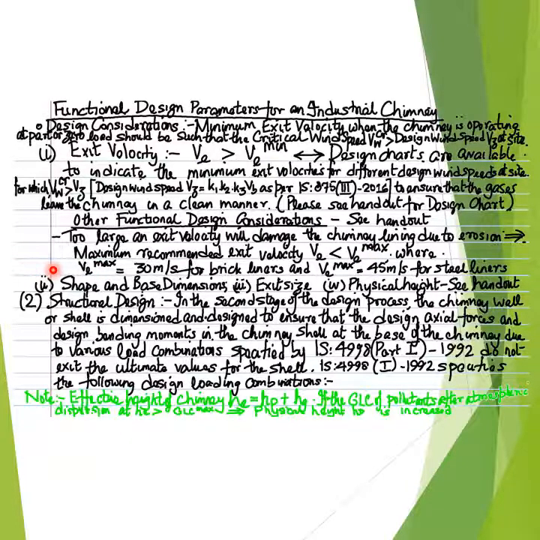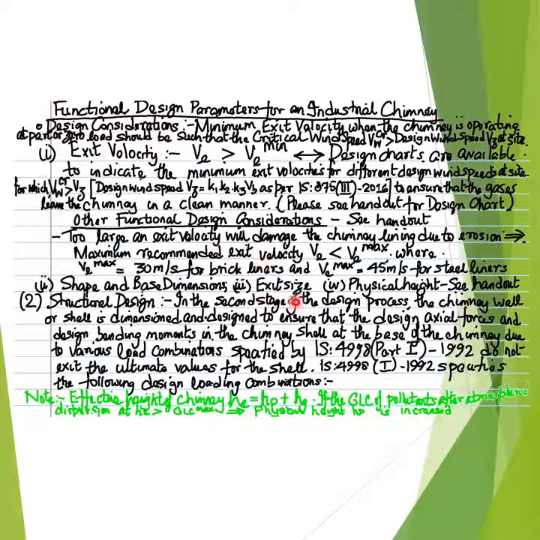Hence, concluding our discussion on the functional design parameter, that is the exit velocity, which is also the most important functional design parameter that is considered in the functional design stage of the industrial chimney, the other functional design parameters that are also considered in the functional design stage of the industrial chimneys, in addition to the exit velocity, are the shape and the base dimensions of the chimney, which is a common and overlapping parameter with the structural design stage of the industrial chimney, as mentioned earlier.